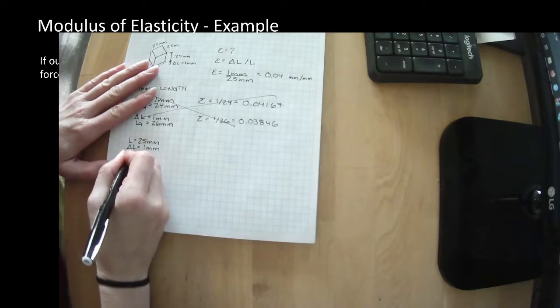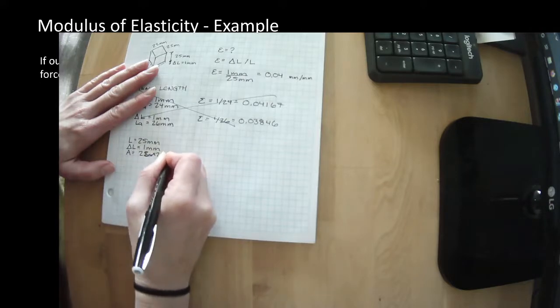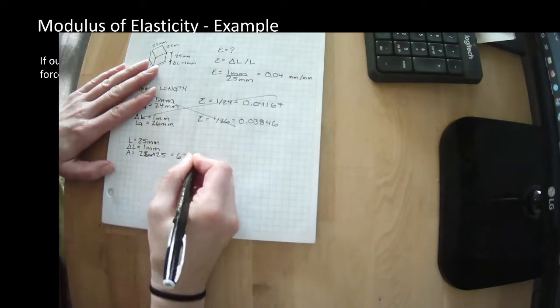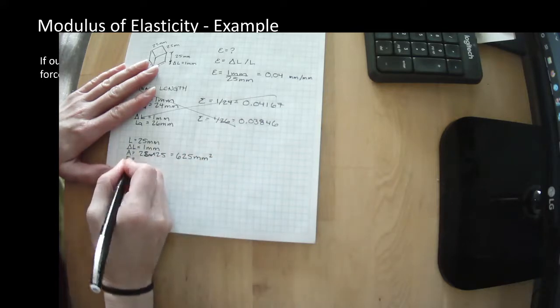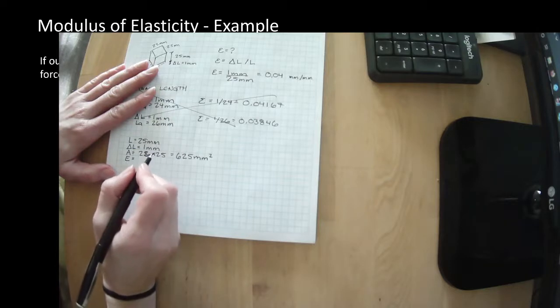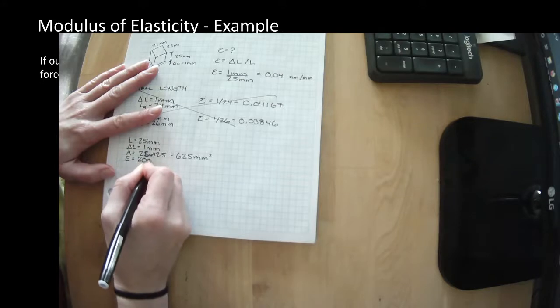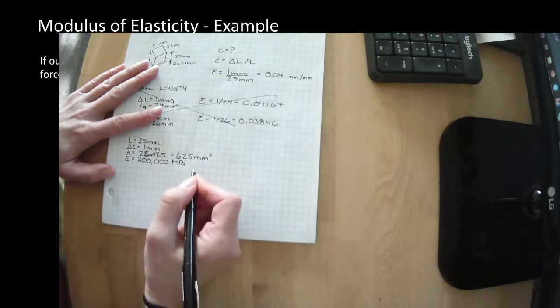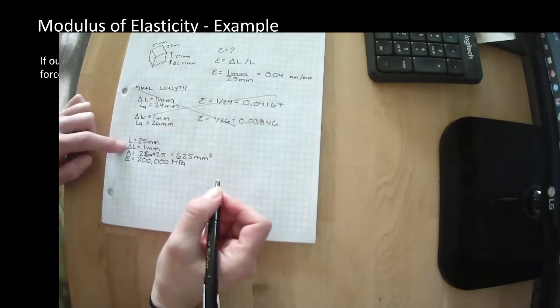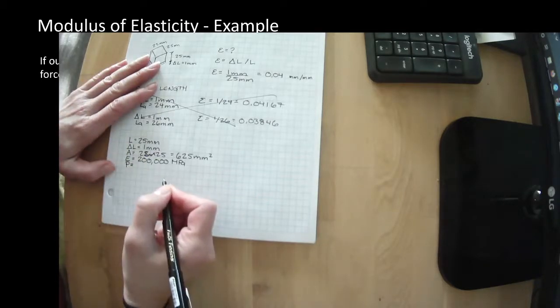We know we have an area of 25 by 25 millimeters, or 625 millimeters squared. And they have said that this was steel, so we know that the modulus of elasticity is 200,000 MPa. So we know the original length, the change in length, the area, and the E. That means we can figure out what P is.